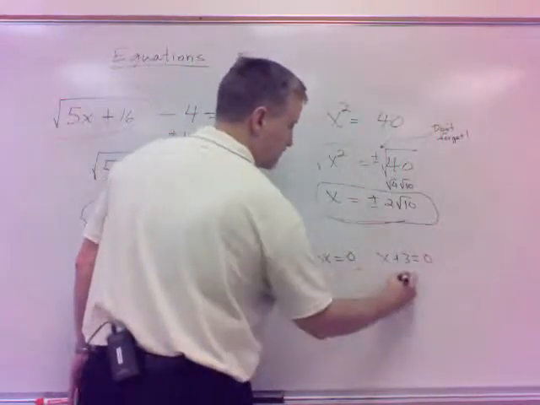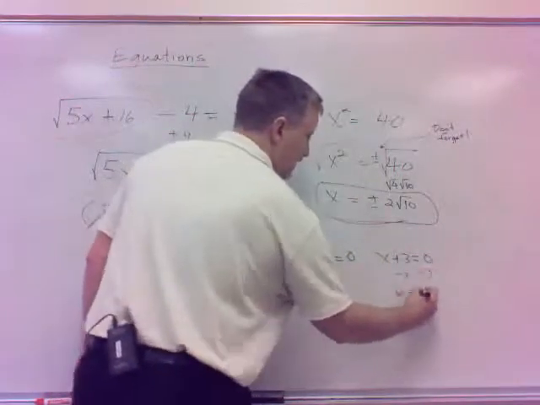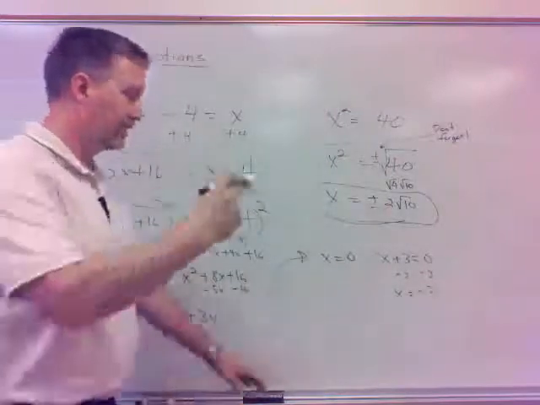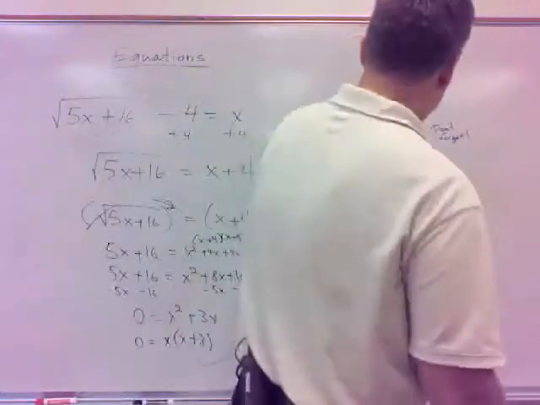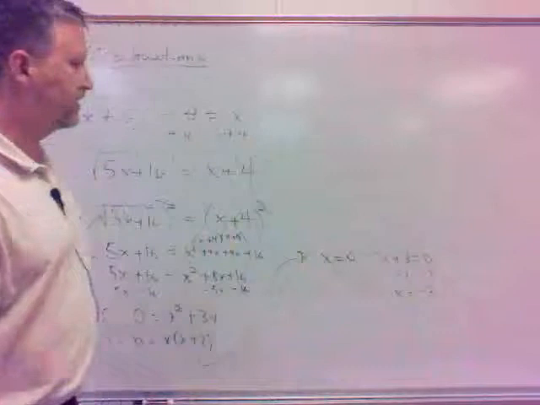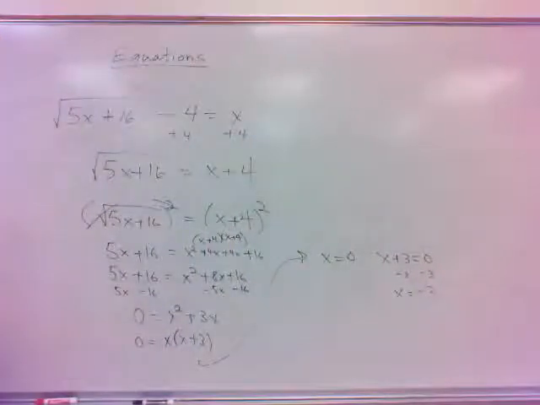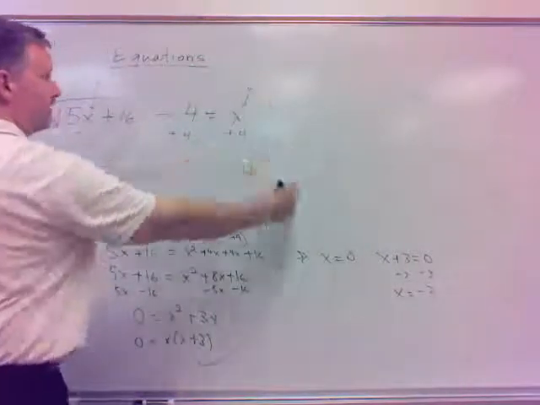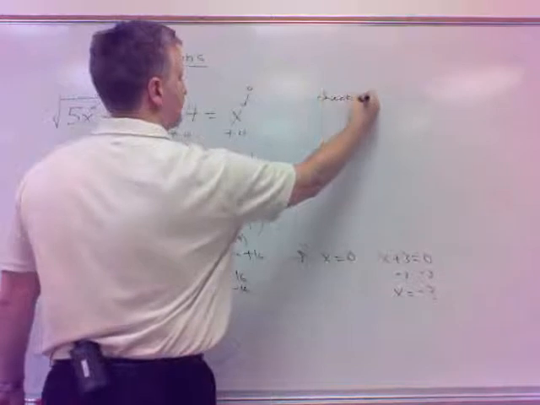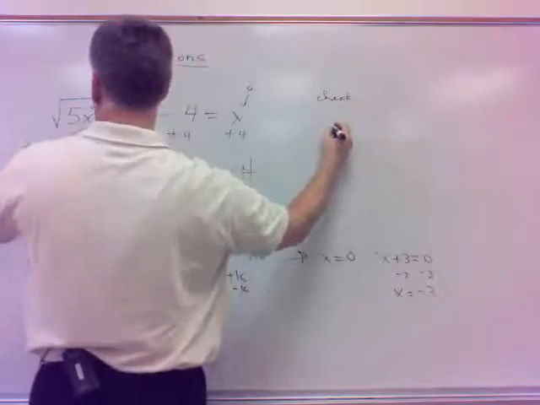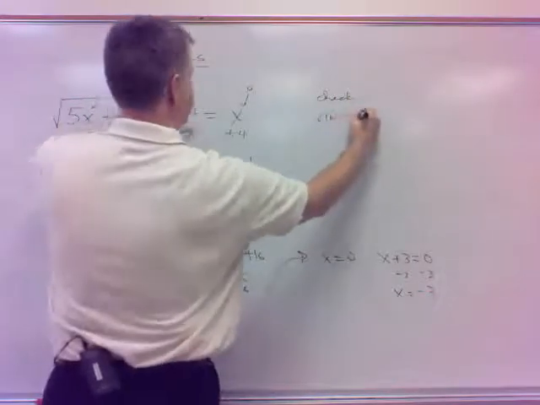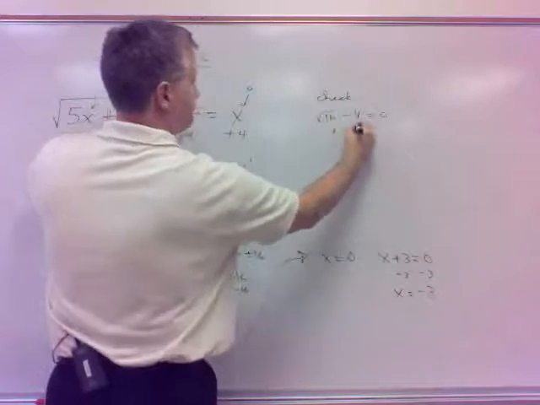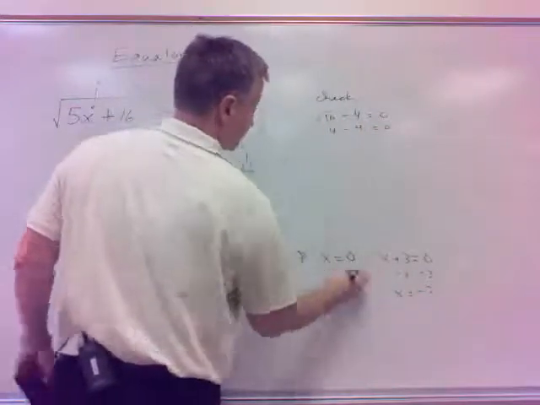That one's solved. This one's subtract 3. However, that brings up another point. I didn't do it on the last one, but those should really be checked. Those may or may not happen to work. The 0 worked. If I plug in 0 here, that would give me square root of 16 minus 4 equals 0. Is that true? Yes. What about negative 3?